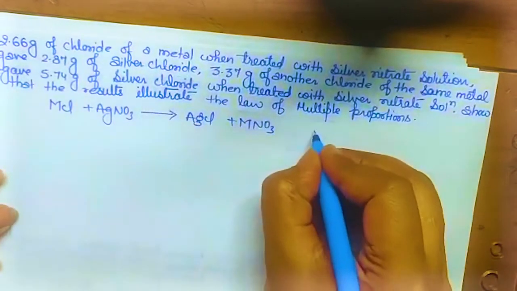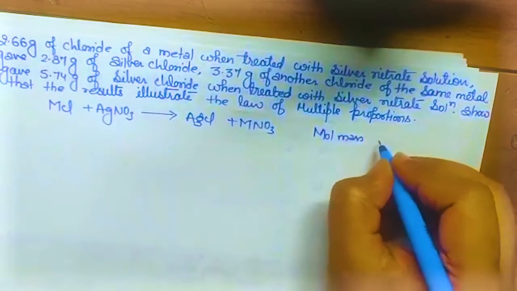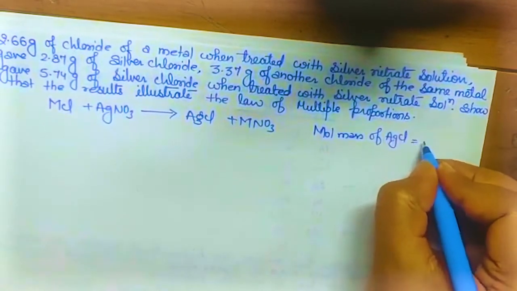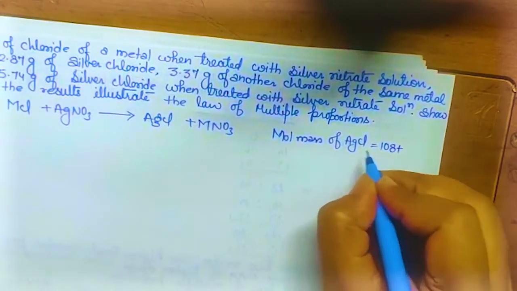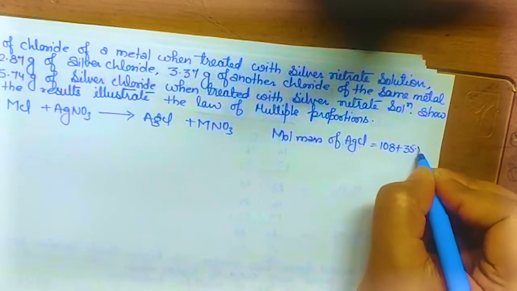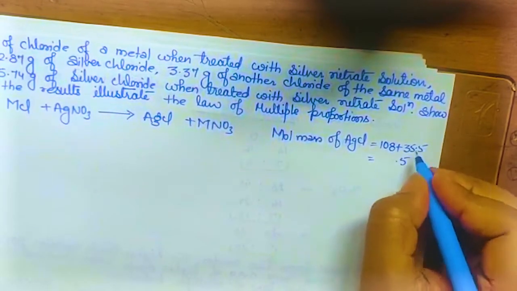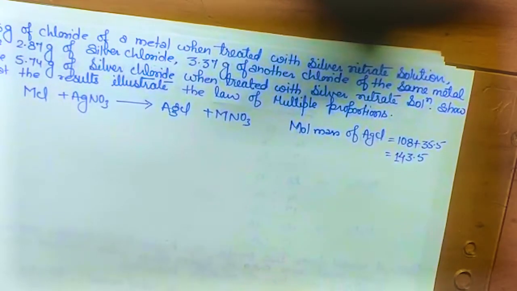Okay, in the first case, this is the reaction. If you find the molecular mass of AgCl, Ag is 108, atomic mass 108, and chlorine is 35.5. So total it will be 143.5. Yes, clear?